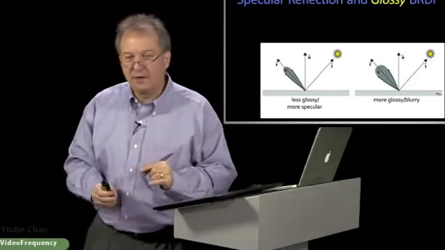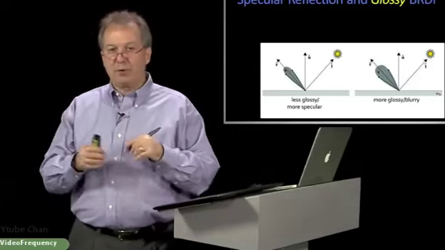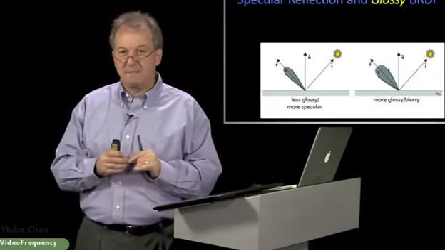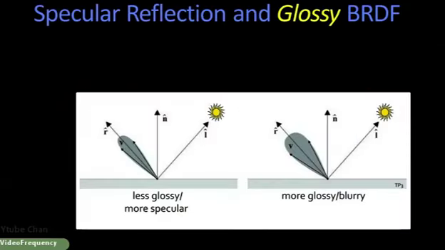Most things that are shiny are not perfect mirrors, but we can think of them as being glossy. What glossy means is, if we have our illuminant here and we're coming out at some angle, I don't have light just at the mirror point, but it's spread out a little bit. That's what this lobe here is meant to show.